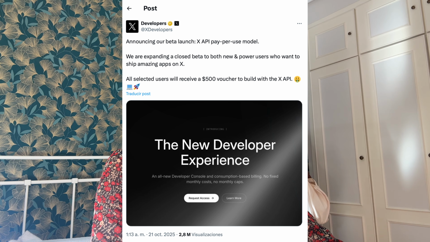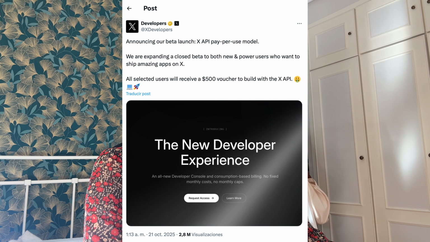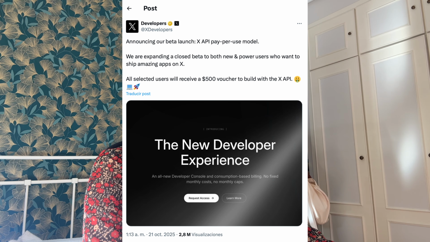The idea is that instead of paying a flat monthly fee for access, developers will pay only for the specific API calls they make. So if your app only posts occasionally or reads limited data, you will pay less. If you are making heavy, constant calls, sure, you will still pay more, but at least it's proportional to your usage. It's a big shift from the previous one-size-fits-all price model.